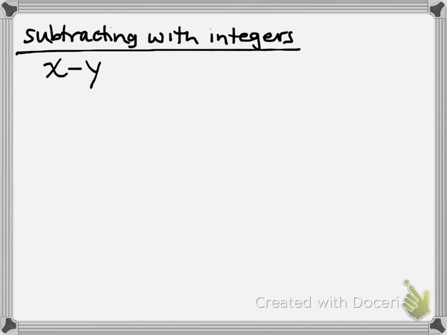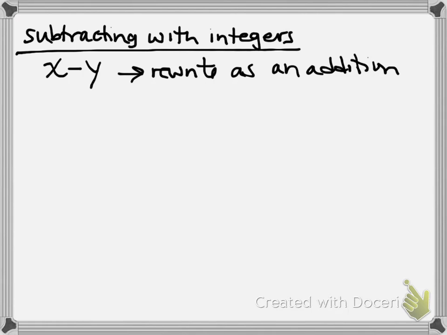what we're going to do is rewrite as an addition problem. Right, rewrite as an addition problem. How does that look? X doesn't change. But in order for me to rewrite as an addition problem, I have to make two different changes.